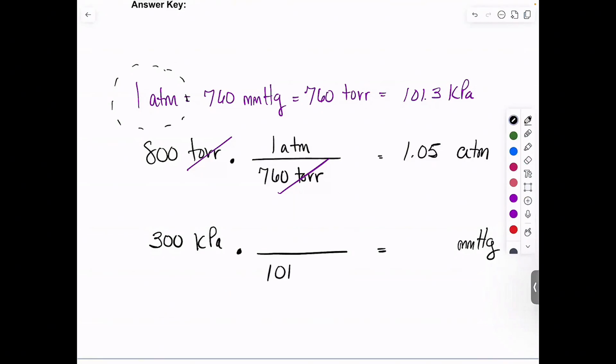This would be 101.3 kilopascals, and we're dealing with 760 millimeters of mercury as an equivalent. So kilopascals, that is exhibit A of why you want to put in your units. So we have 300 times 760, we'll divide out by 101.3. And ultimately we get, ooh, seems like a lot. We have 2250.74, but I'll just leave it at 2,251.